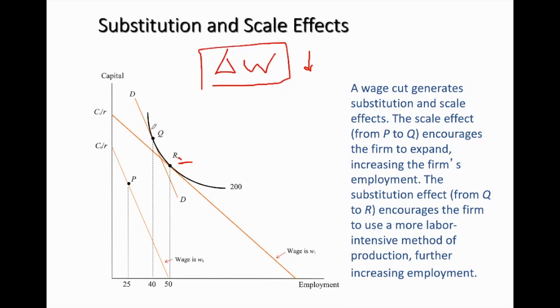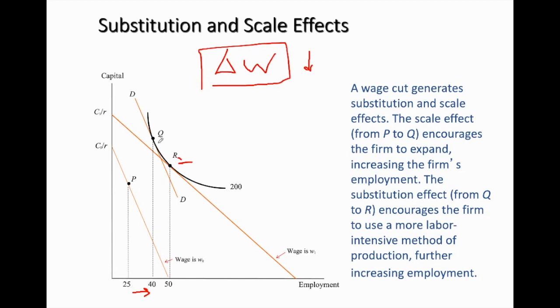When we draw line DD, this is where we assume that the wage rate is constant, and what happened here is we get a new tangential point Q, and therefore the movement from P to Q gives us the scale effect. The scale effect here means that the firm is now producing more output, and the effect of this is a much higher demand for workers from 25 to 40 workers.